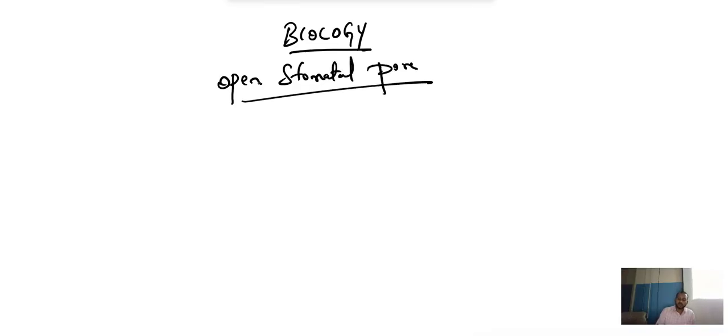The first diagram: open stomatal pore, when the stomata is in an open state, and closed stomatal pore. See children, the difference between open stomatal pore and closed stomatal pore is very simple.